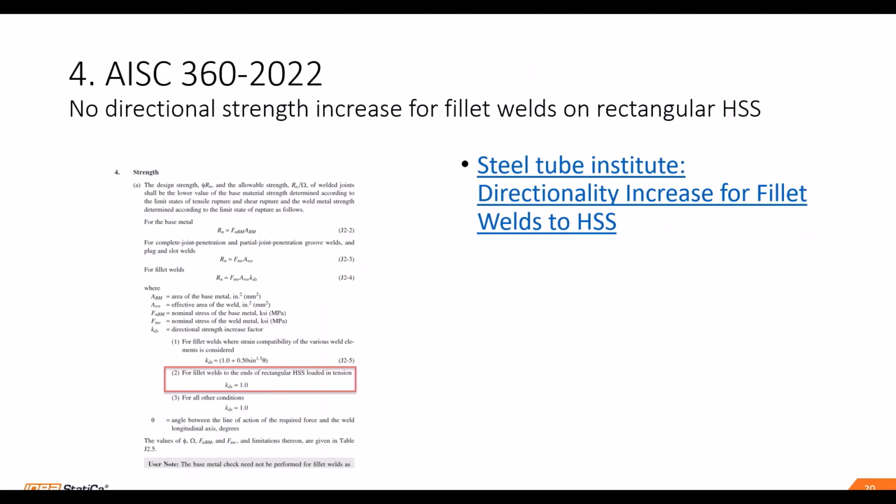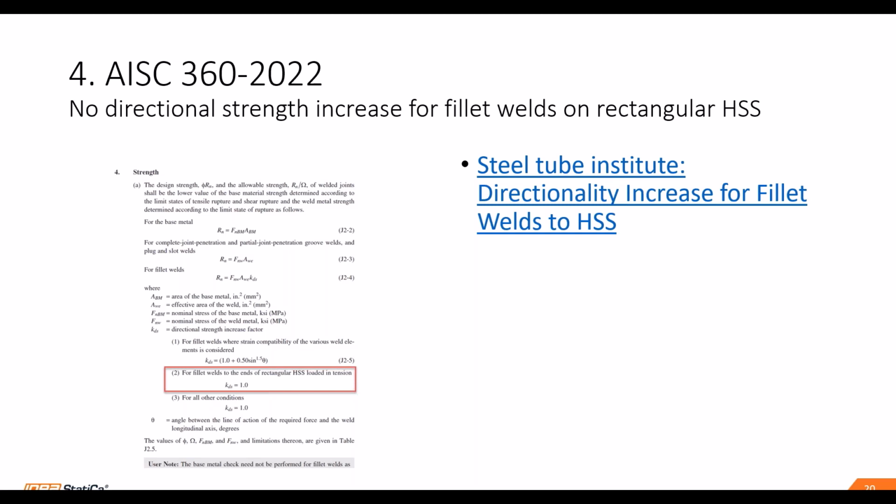Okay, now let's jump into the next slide. In the recent AISC 360-22, the directional strength increase factor for fillet welds at the end of rectangular HSS was modified to be 1. This is following the research project where the behavior of HSS fillet welded to rigid plates was investigated.